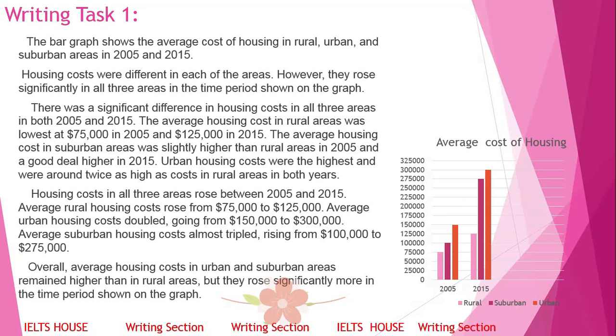In writing Task 1, we should be careful about 3 main points. One is the introduction of paragraph, and second is the body of paragraphs, and the third is the conclusion of a title.